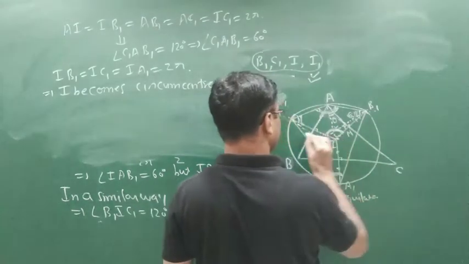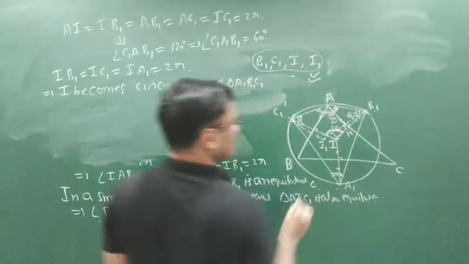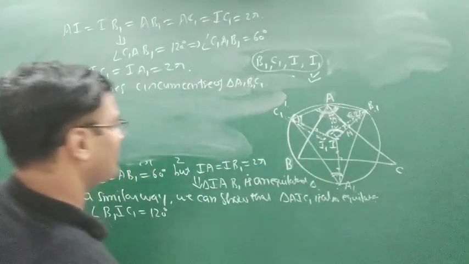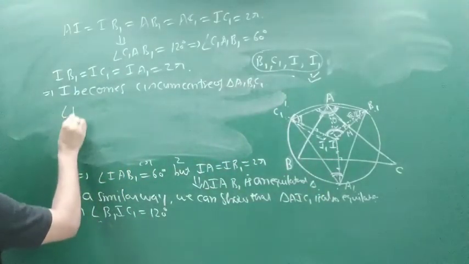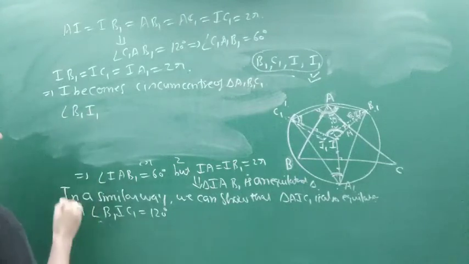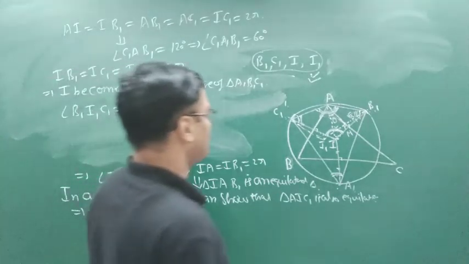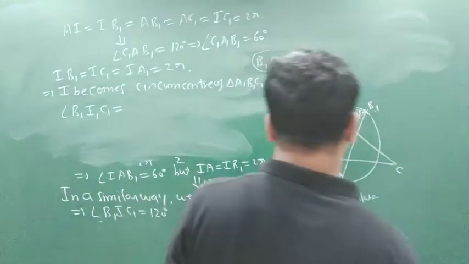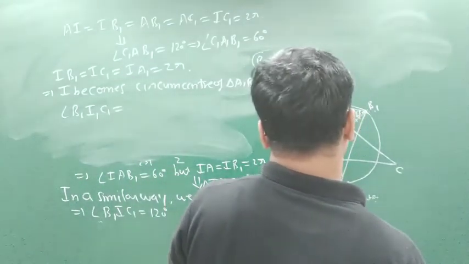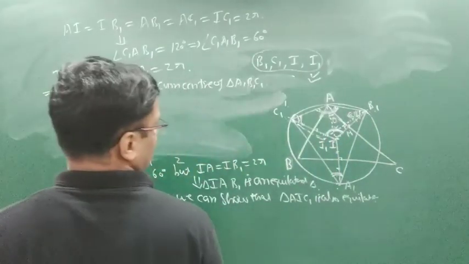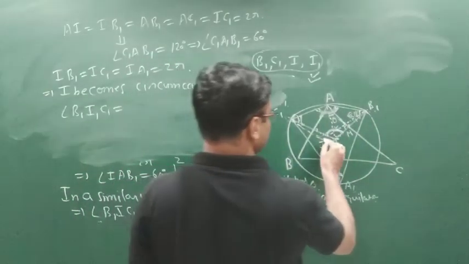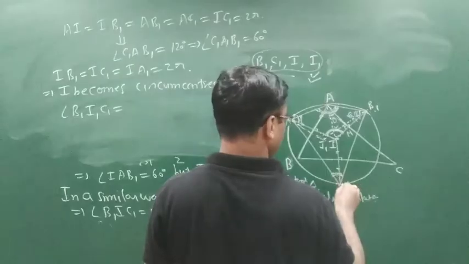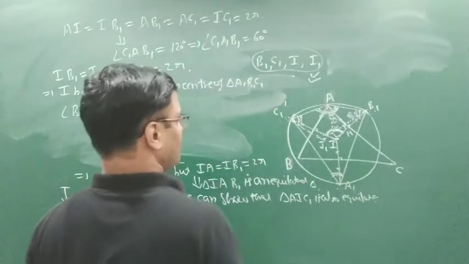Look at this picture very carefully. We are going to find angle B1I1C1. B1I1C1 equals what? B1I1C1 is equal to this angle. This is actually the incenter of triangle A1B1C1.